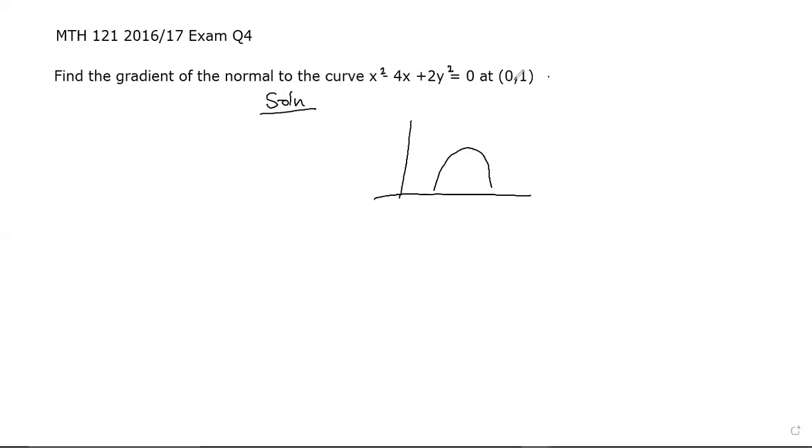So this point (0, 1) is where y equals 1 and x equals 0. Okay, let's draw the graph like this. At this point, if your y is 1 and your x is 0, that means the curve is something of this nature.